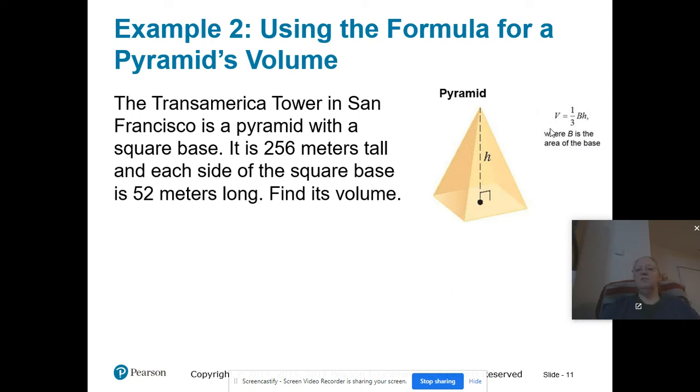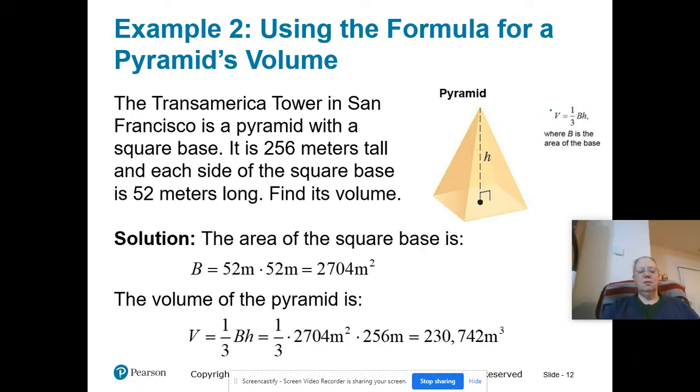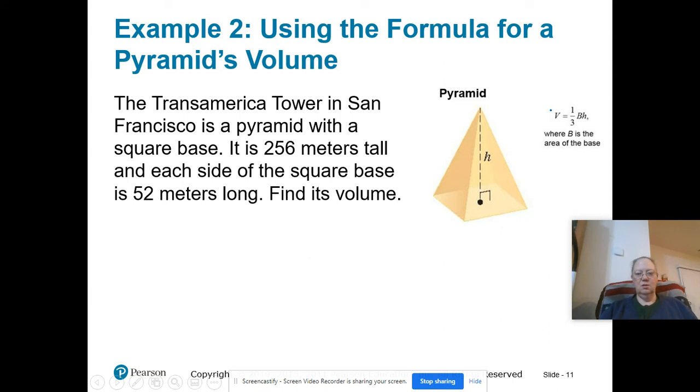And they did give us the formula. And right here is 1/3 B times H. Capital B stands for the area of the base. So it really doesn't matter if this is a square, if it's a rectangle, whatever it is, we're just going to find the area of the base, and we're going to multiply times the height, and then multiply it times 1/3.